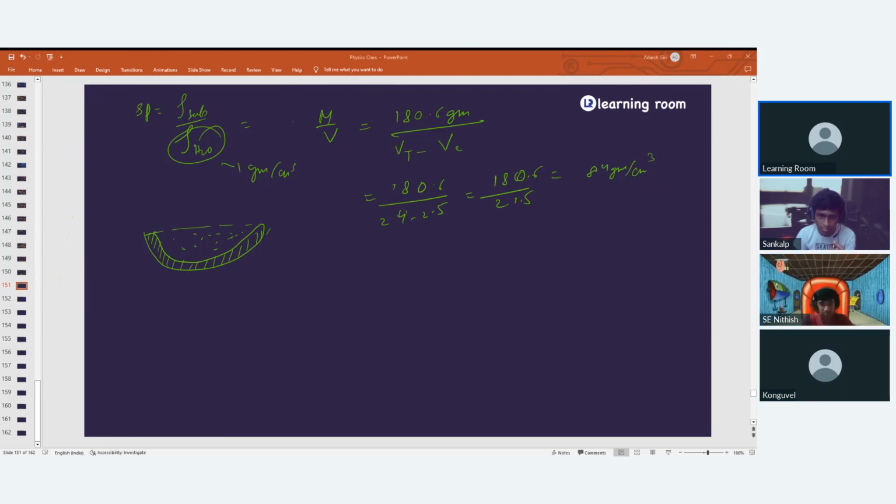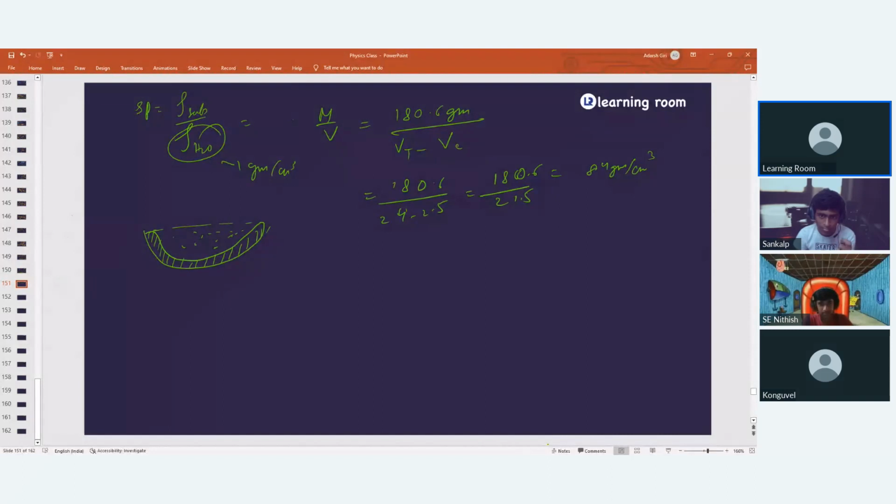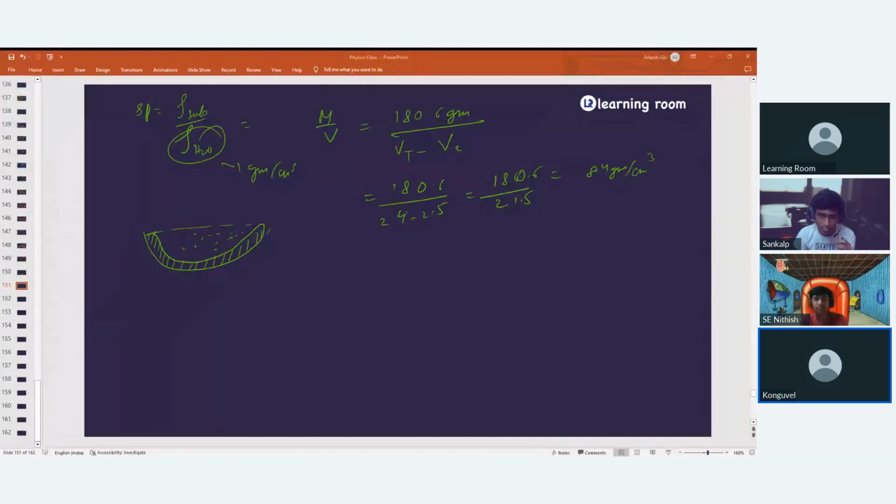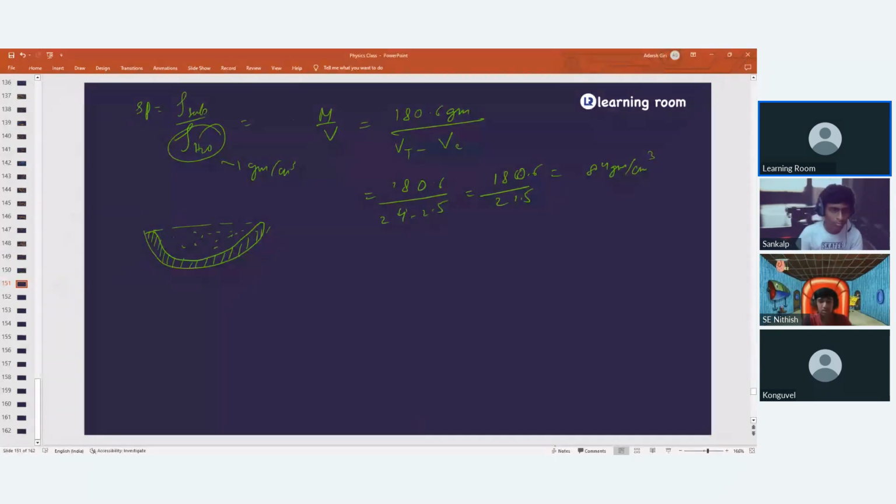Very easy. See, there are only numericals in this. So sad. See, the question says that a block of wood floats in a liquid of density 0.8 gram per centimeter cube. Just give me the data. Density of the block of wood is 0.8 gram per centimeter cube.